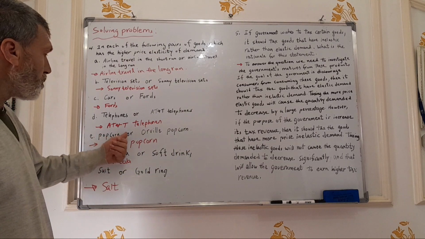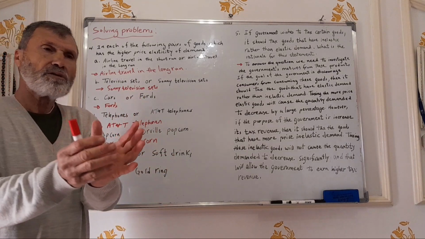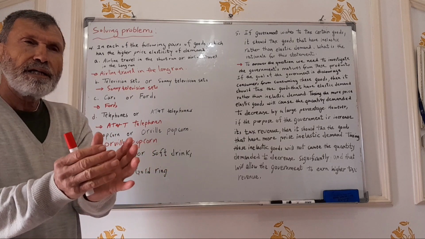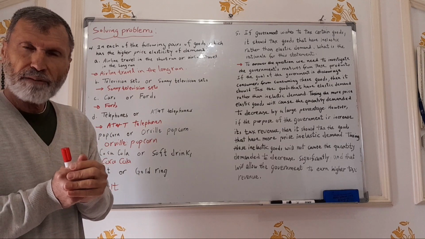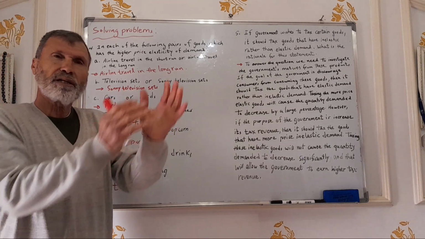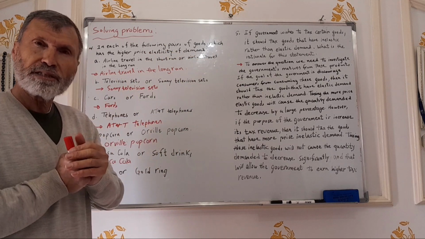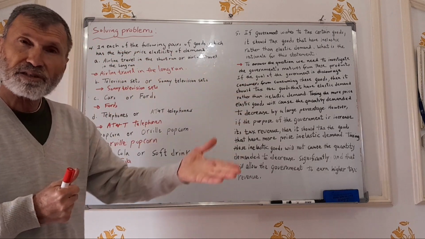What about popcorn or Orville popcorn? Orville popcorn is a type of popcorn. However, it has different ingredients, perhaps, and its name is Orville. Somebody might make another kind of popcorn with different ingredients, and give it a different name.